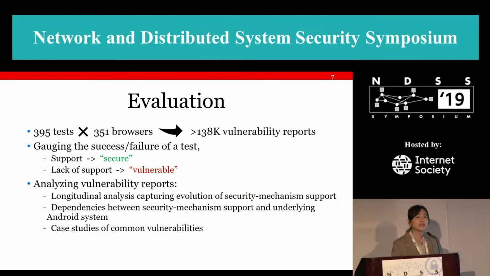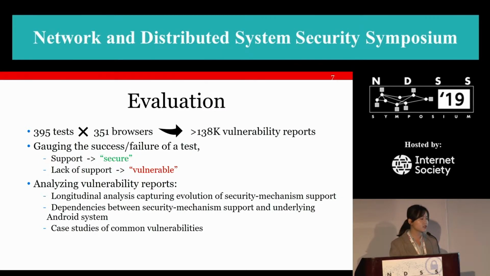By running this many tests on top of the hundreds of mobile browsers, at least 138,000 vulnerability reports are generated. So when a test is gauged as success, we mark that browser as successfully supporting the mechanism. Otherwise, it's lack of support. So we then analyze the vulnerability reports according to 3 perspectives.